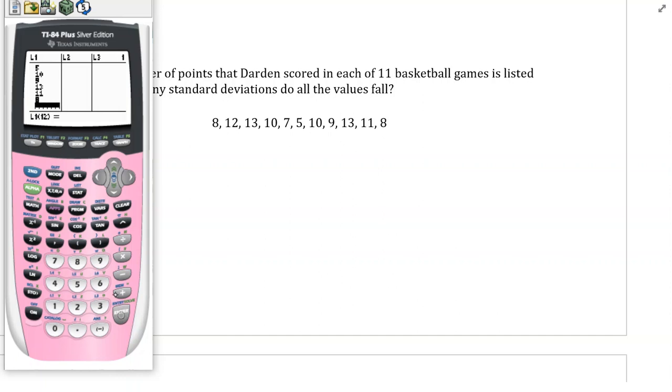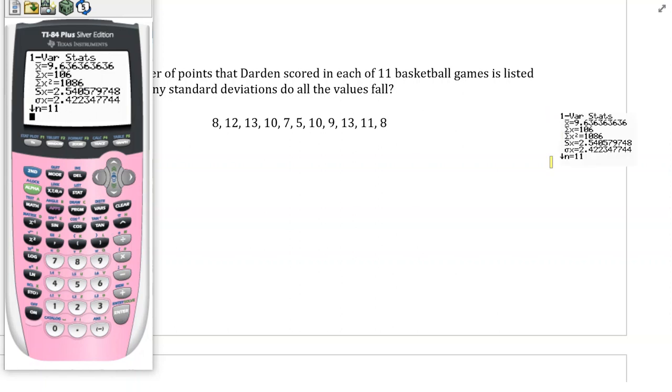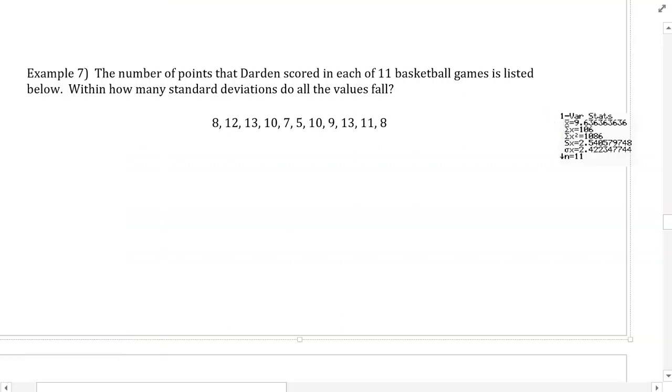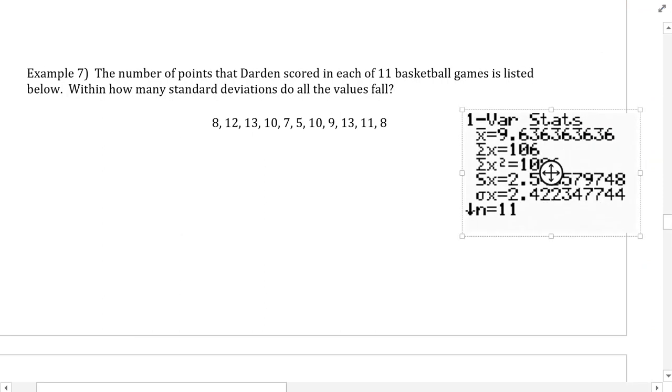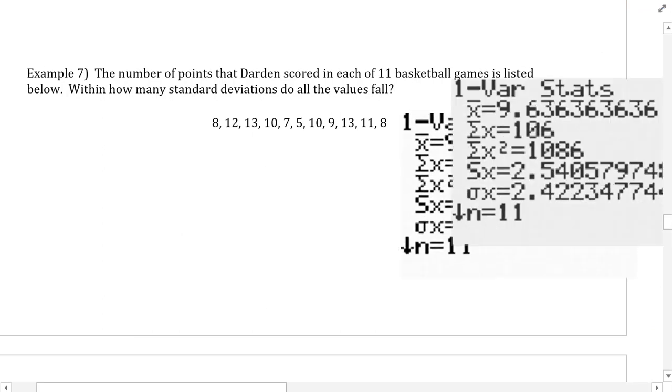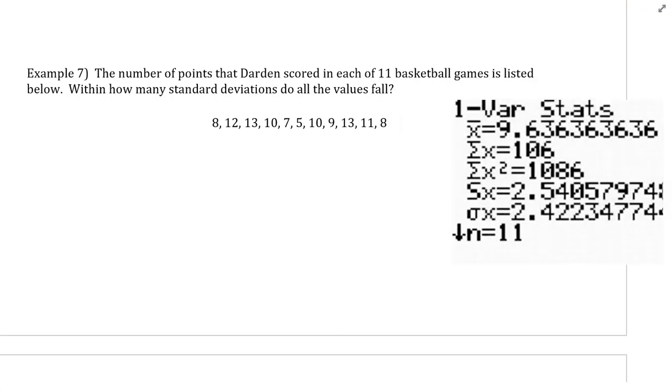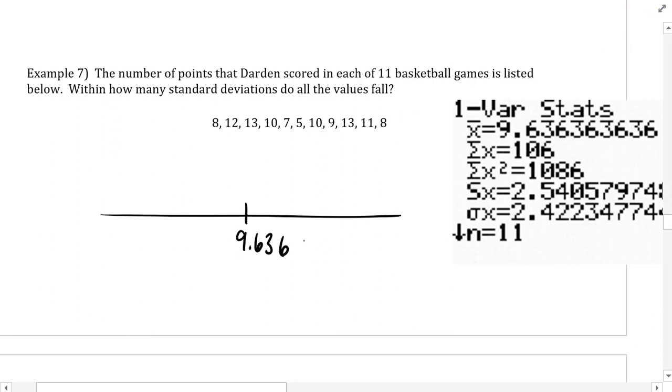So we hit stat, over to calc, one variable statistics. Okay. So I need 2 pieces from this time. I need both the mean and the standard deviation. Okay. So our mean here is 9.636, and we have a standard deviation of 2.422.